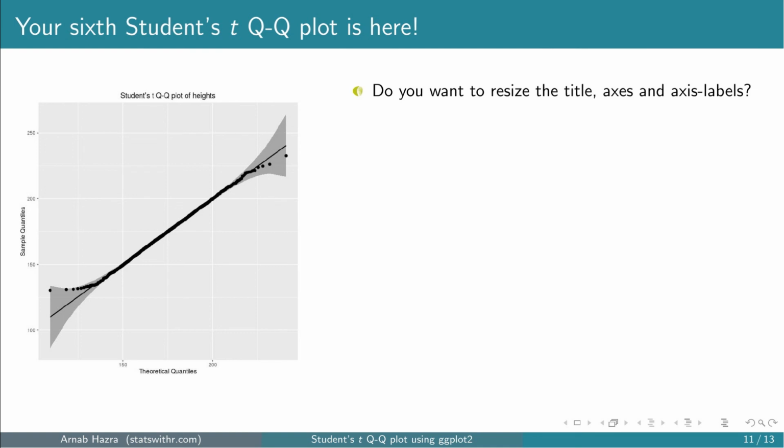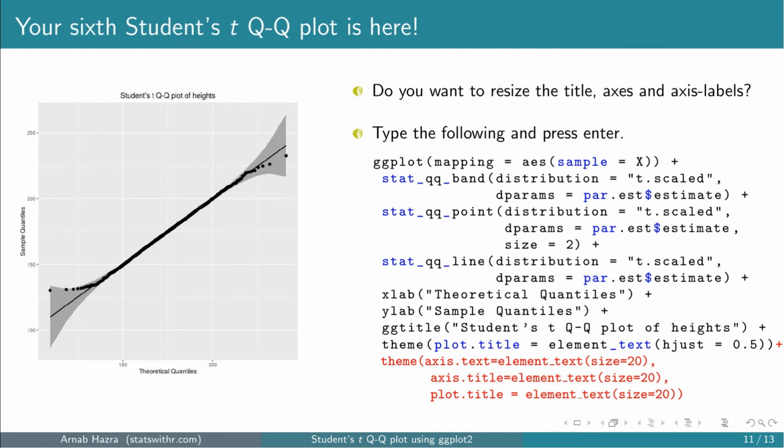Now you may feel that the fonts of the title and the axis labels are all very small and you want to enlarge them. To do that, add the line theme(axis.text = element_text(size = 20), which increases the font of the axis.